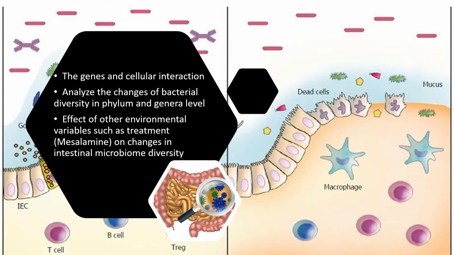Then we statistically analyze the changes of bacterial diversity at the phylum and genus level, also the effect of environmental variables such as treatment, mesalamine, on changes in intestinal microbiome diversity.